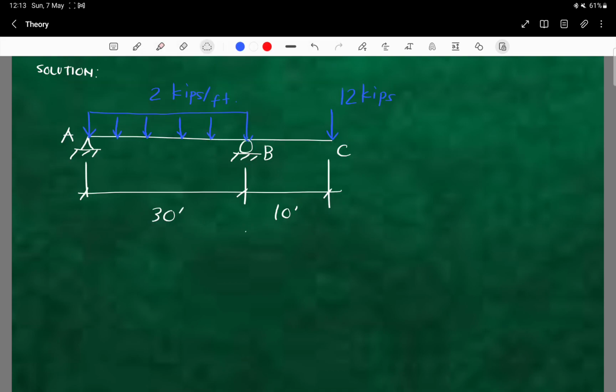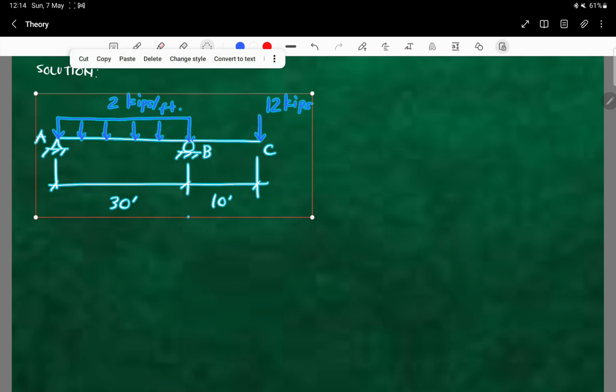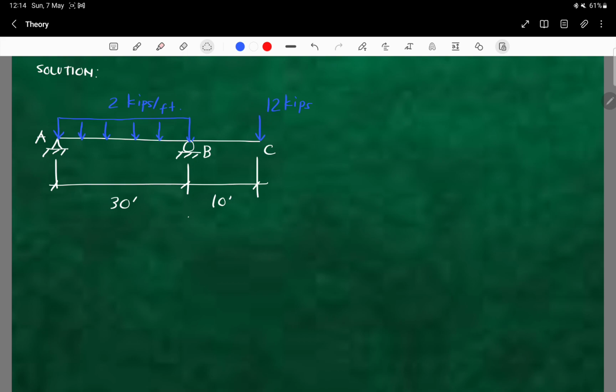First, we need to compute for the support reactions.